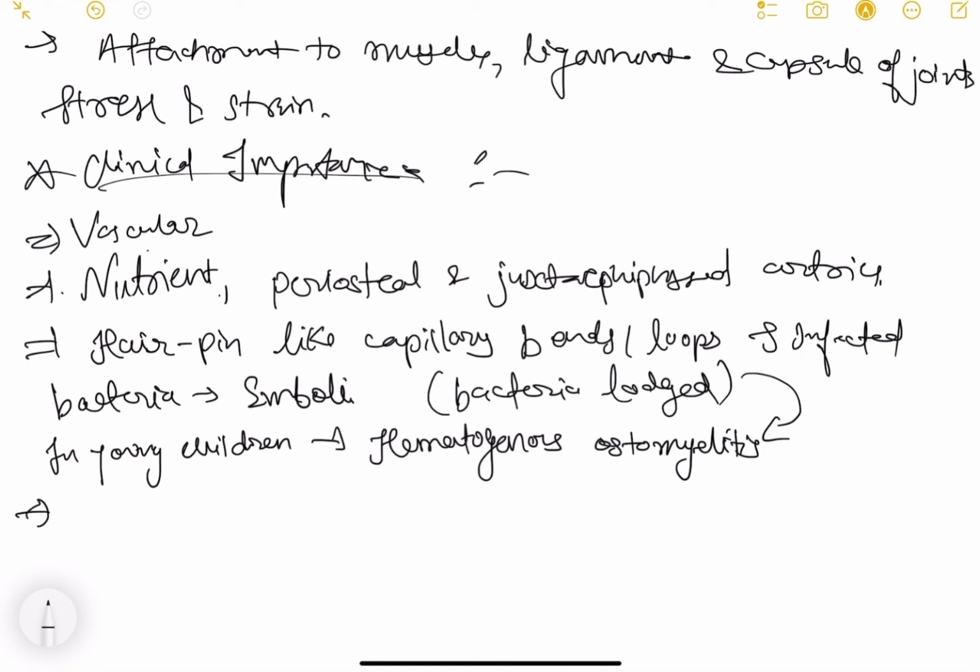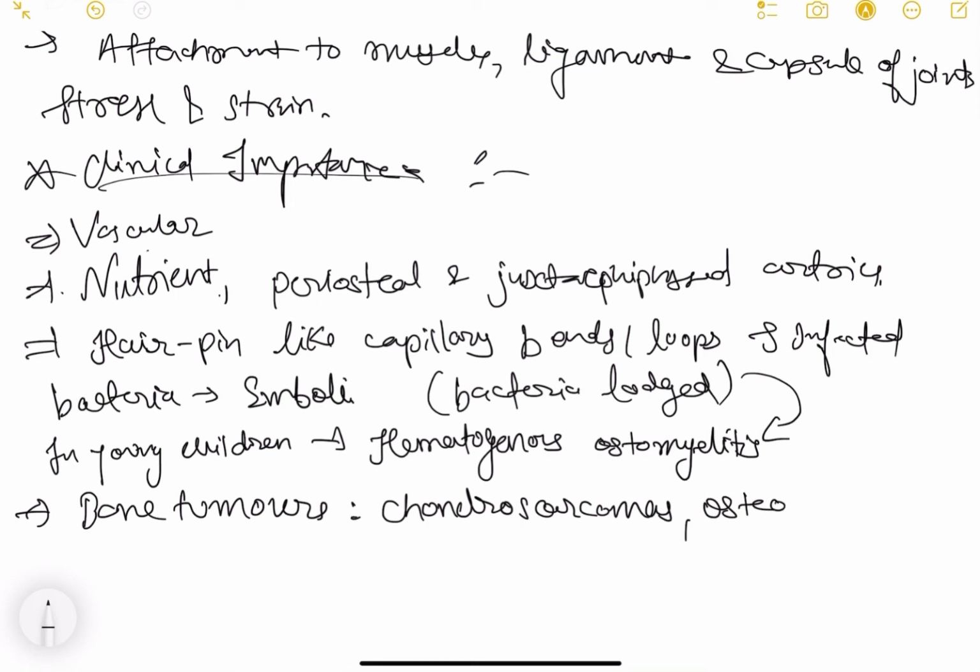It also has certain types of affected areas like bone tumors. If we talk about bone tumors, then chondrosarcomas, this is a malignant tumor of cartilage, or osteosarcoma.